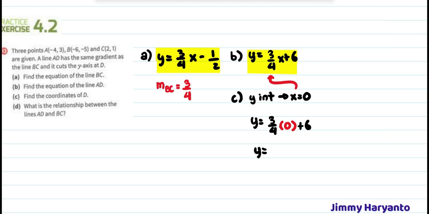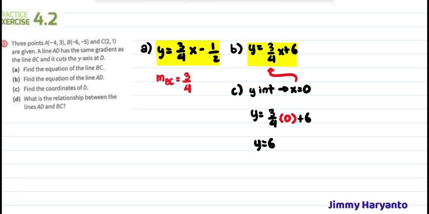That means y equals 6. Or you can also say that the c equals 6 because this is the gradient y-intercept form. Yeah. So y equals 6. That means the point D is 0, 6. 0, 6 is the point D.